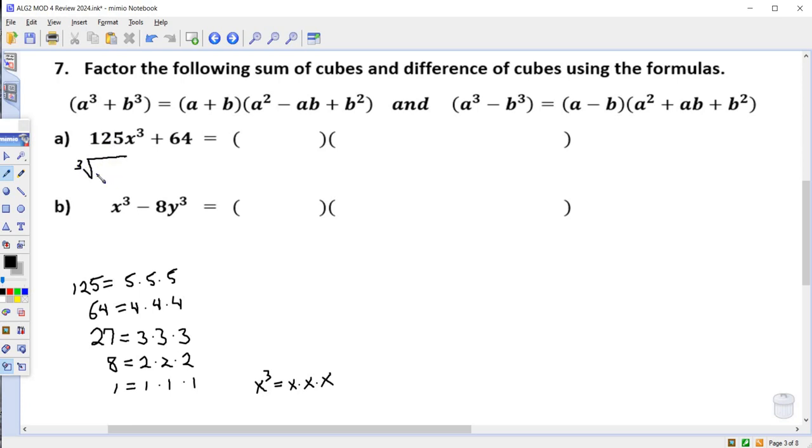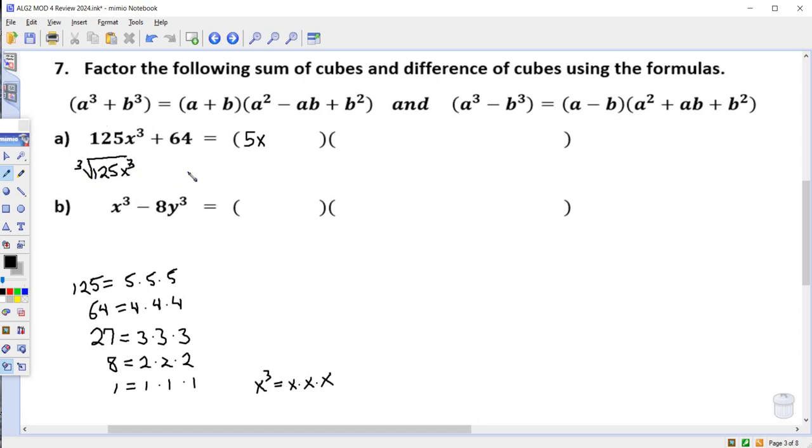Okay, so the cubed root of 125x cubed is 5x, because the cubed root of 125 is 5. The cubed root of x cubed is x.